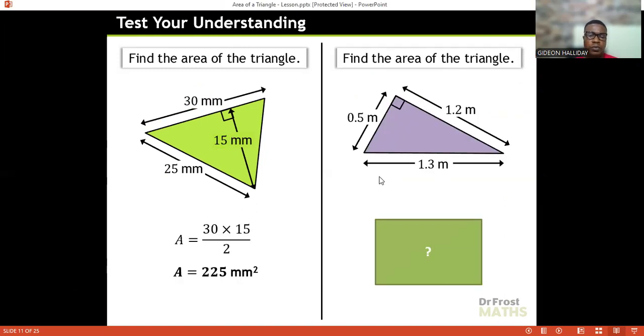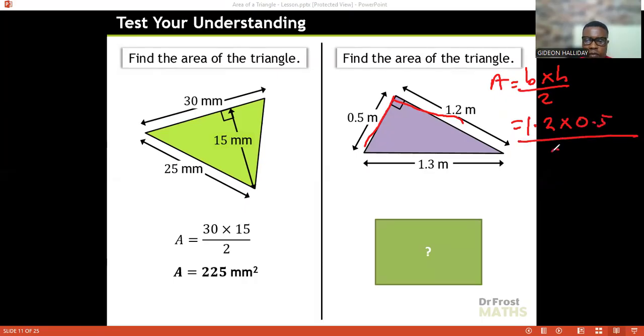All right. That was easy. Now, how about this one? What's the base? What's the height? Area equals base times height over 2. So the base is either of the two, whichever, 1.2 times 0.5. Why are there decimals? So 1.2 divided by 2 is 0.6.